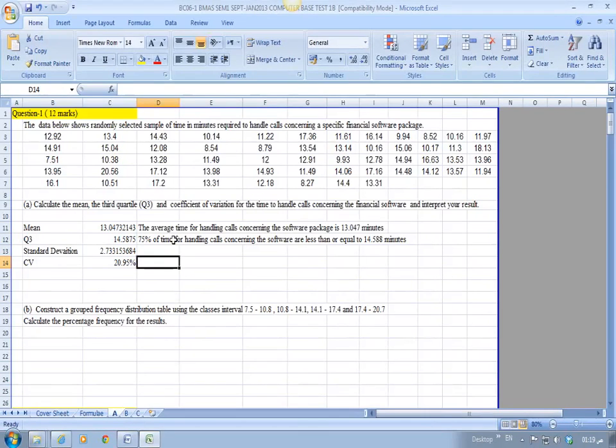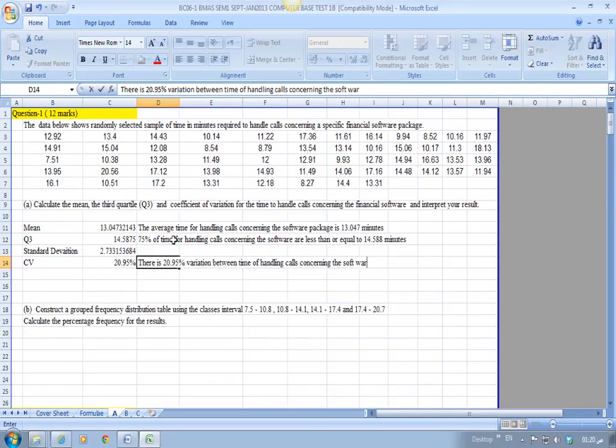Let's say it is 20.95% variation between times of handling calls concerning the software package. So this is awesome. Okay.